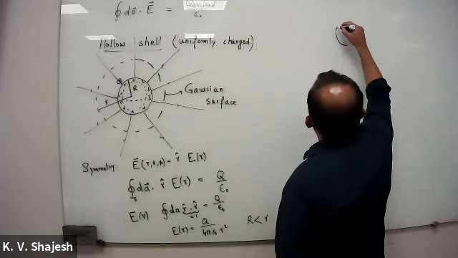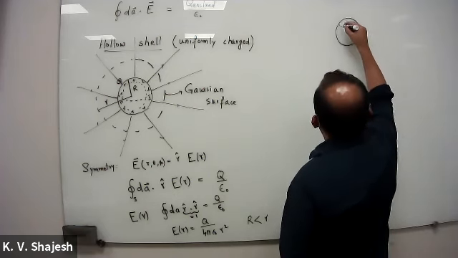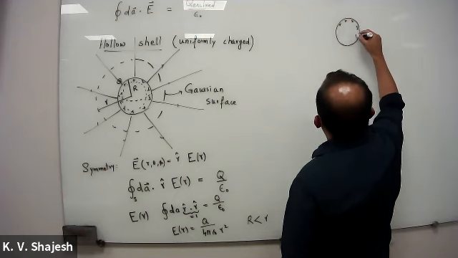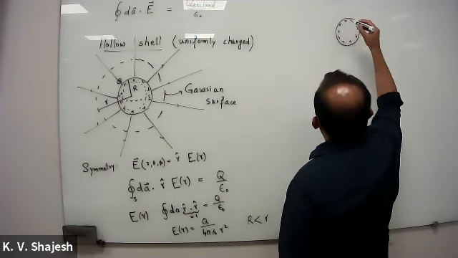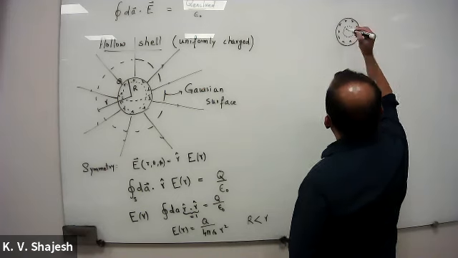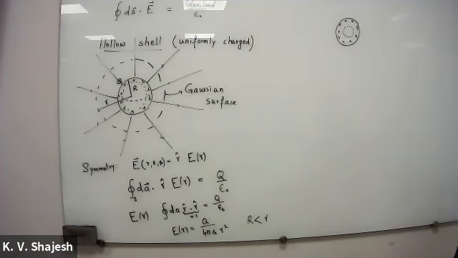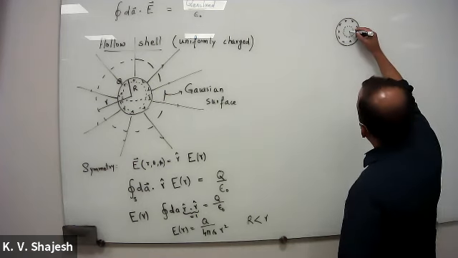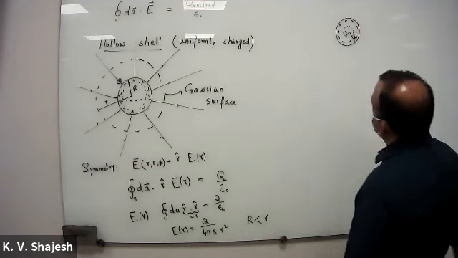Then you would again ask the same question. Let's say positive charge here. This time have the surface inside. That's your Gaussian surface. This is again capital R, but this is now smaller. Small r is less than capital R.